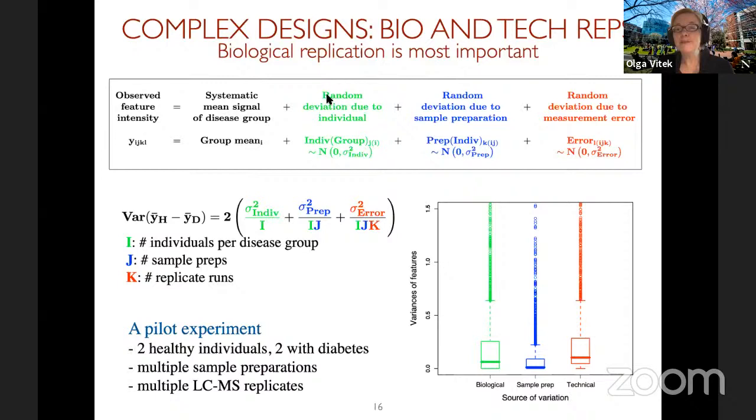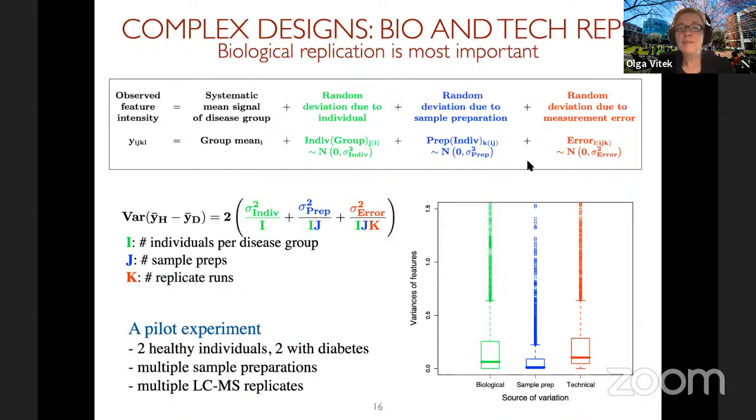But then each sample was prepared multiple times. There was an enrichment step, and so each sample actually was enriched separately twice. So also the observed intensity of the features was affected by the sample preparation. And of course, there is a measurement error.